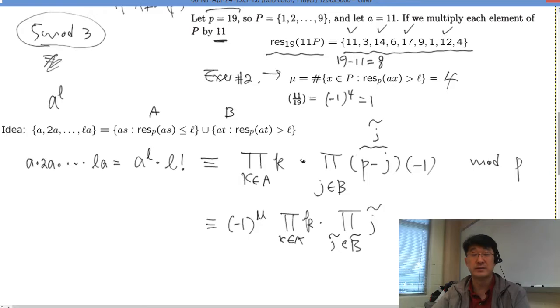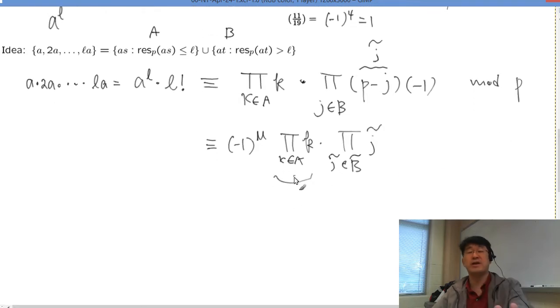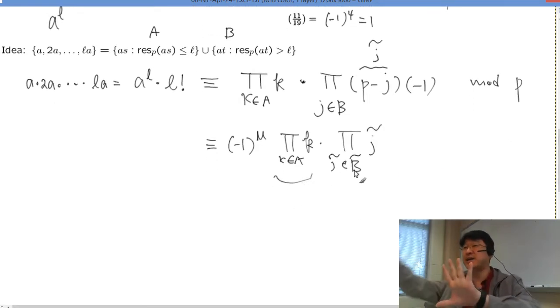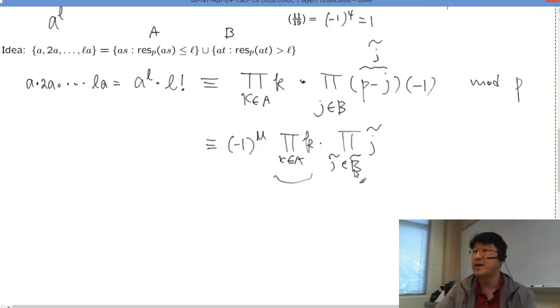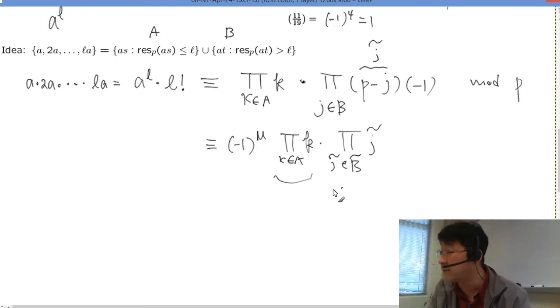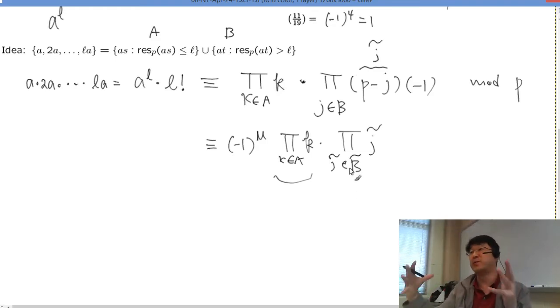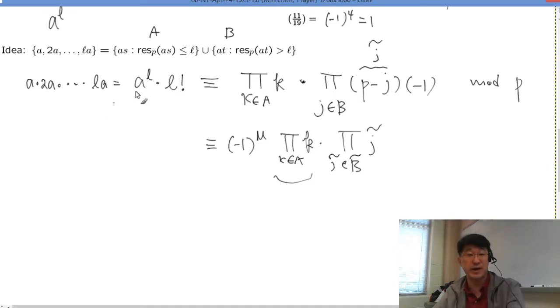Now this is already in the half residue system. This was outside the half residue system. I took the complementary part and brought it inside. As long as there's no overlap to this one, it'll make the full half residue system, right? Does that make sense? Yes. Then they cancel out. This L factorial is a full half residue system, and here everything is there. They cancel out, giving you A to the L is negative 1 to the mu.